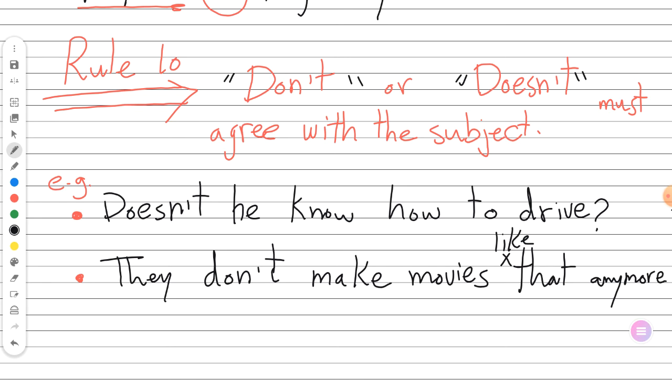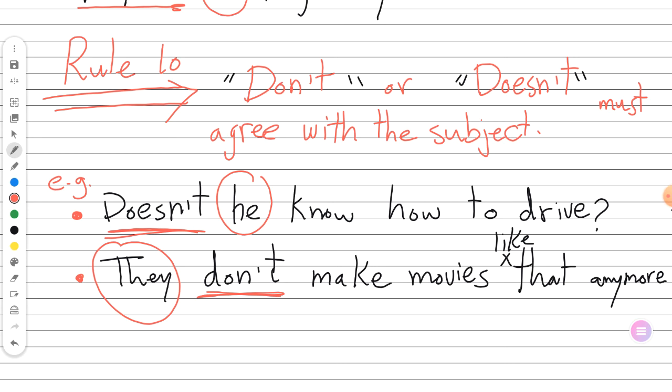Here the subject is singular and the verb is singular. In negative, doesn't. Here the subject is plural, they, so the verb in negative is plural too, which is don't.